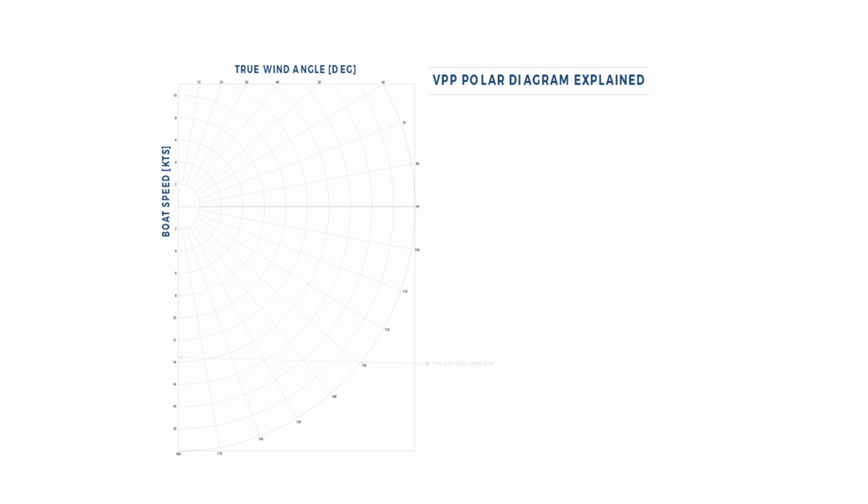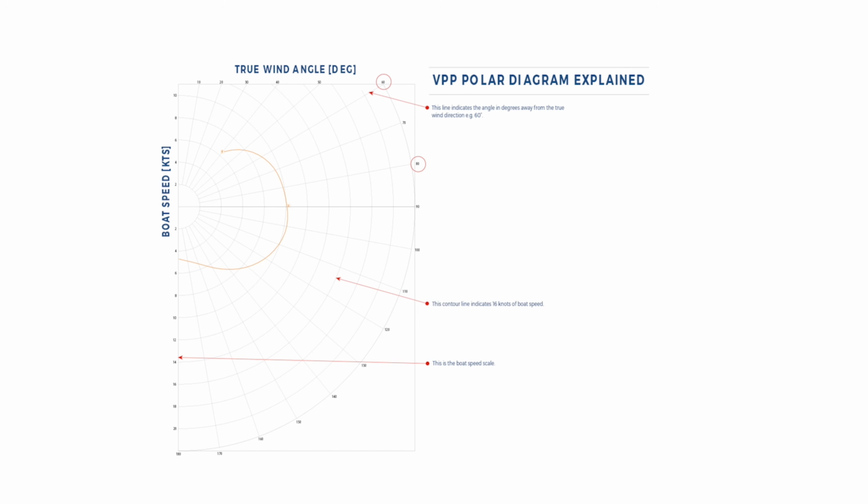Brings us to polars, right? Yeah, explain exactly what polars are. Polar is a term loosely applied to a portion of the VPP, which is a graphic representation of the boat's performance. A polar table is sort of a wind rose, and around that wind rose at specific wind speeds, the VPP can draw a curve that says this is your velocity at that wind speed.